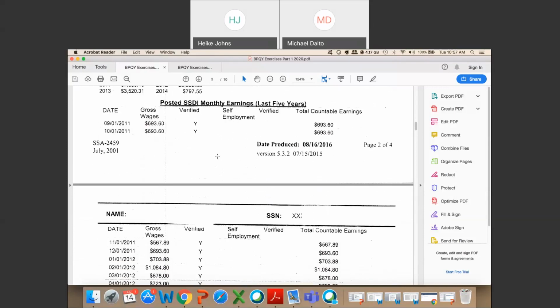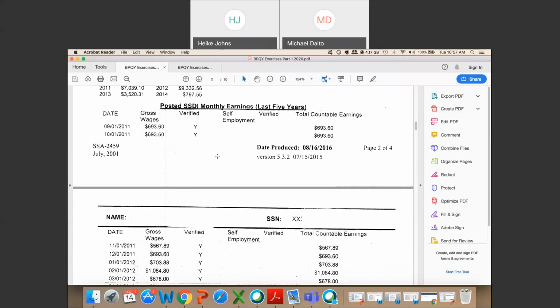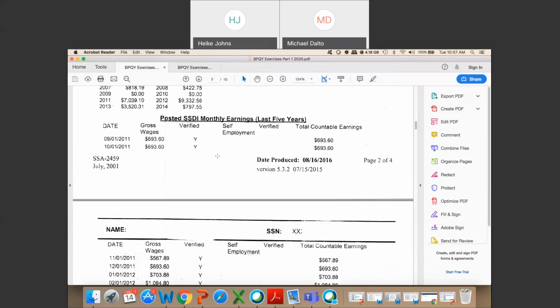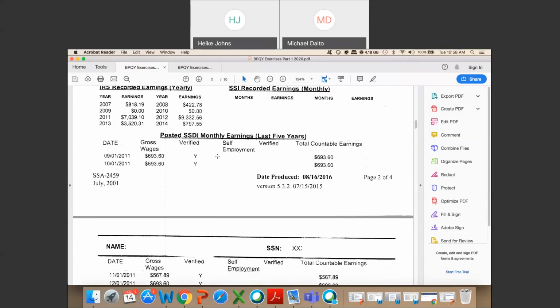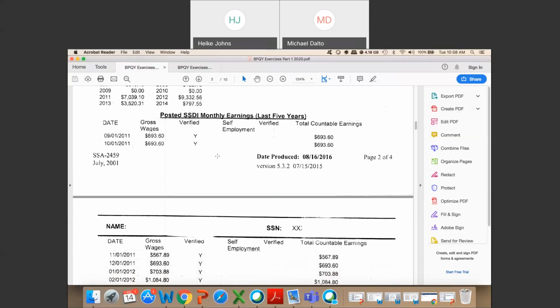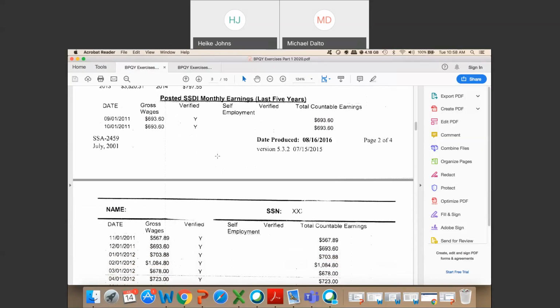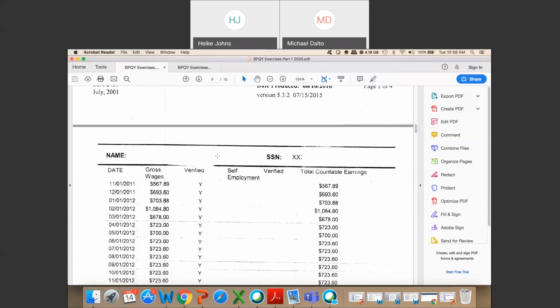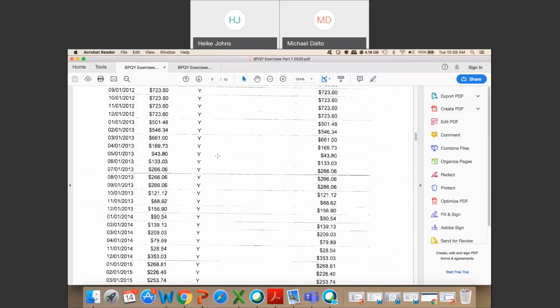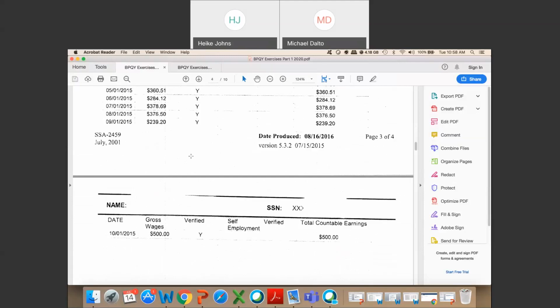Oftentimes, this section will be blank even if the person receives a Title II benefit and has had earnings, and that would indicate that their earnings had not been reported, or if they were reported, that Social Security had not yet entered them into their data system. But this person did report earnings, and you can see monthly earnings reported from September of 2011 through October of 2015.